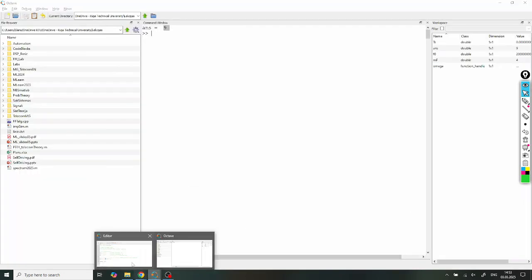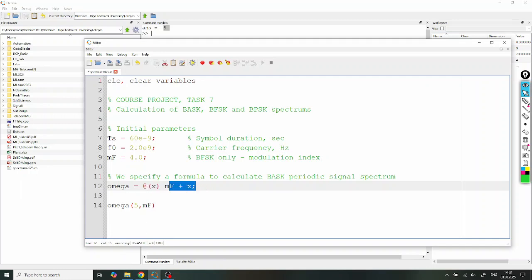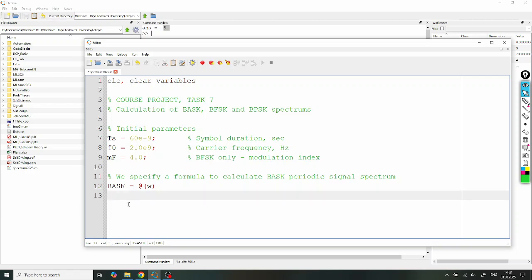So in our case then, we are going to have a function to calculate BASK over the parameter w, which is going to be the frequency, so angular frequency specifically.